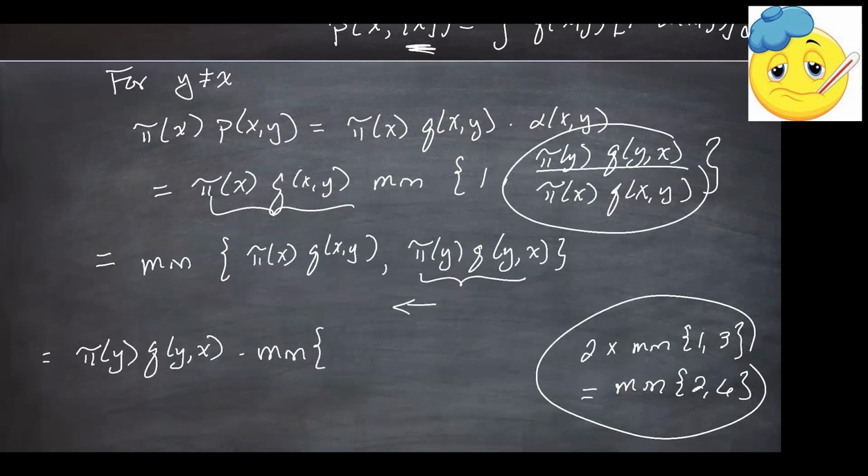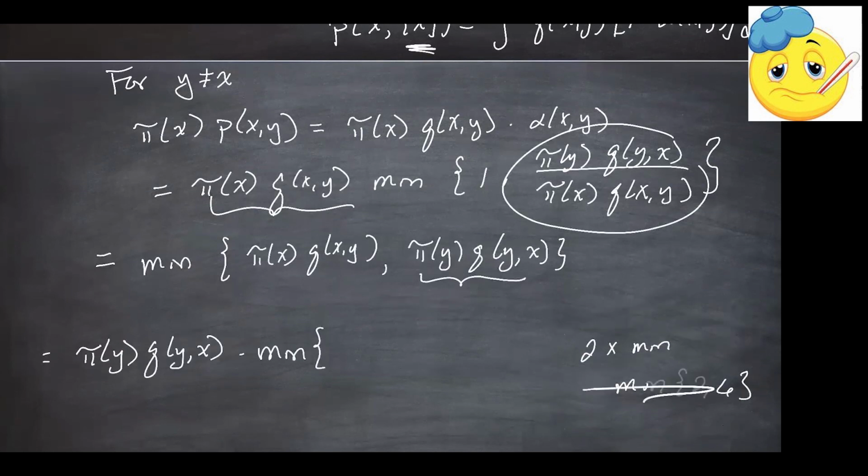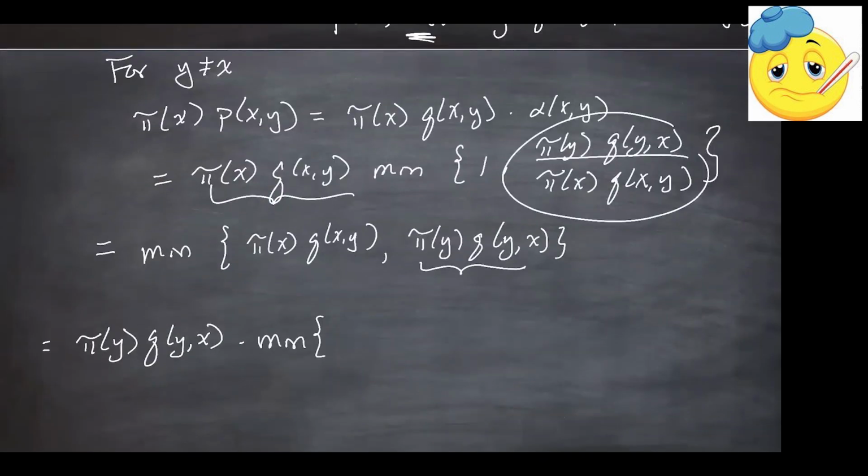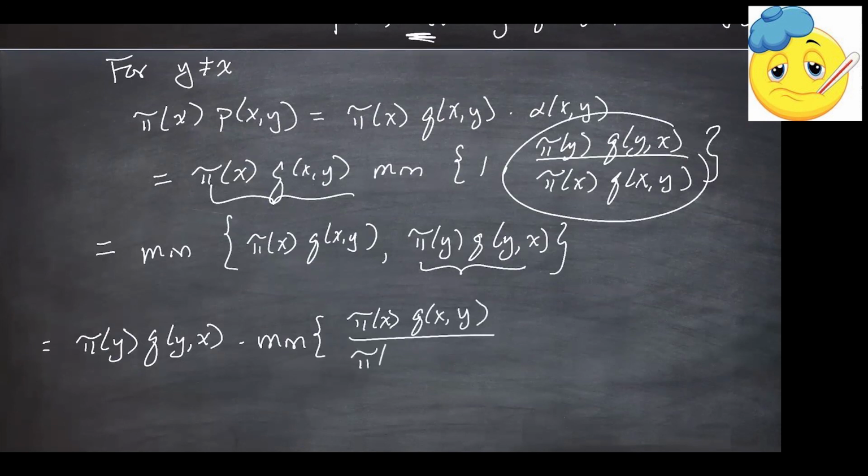So in order to multiply that out and have that make sense, the first thing here is going to be pi of x, qxy over pi of y, qyx, and then 1.